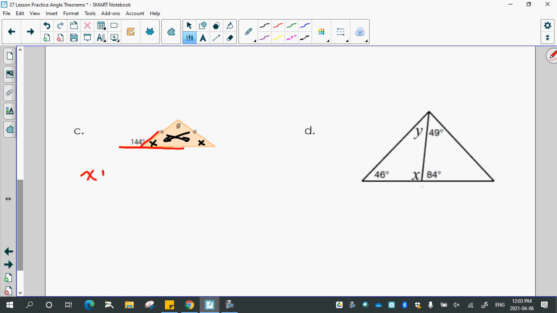So X plus 144 degrees equals 180 degrees. And that's the supplementary angle theorem. Subtract 144 on both sides, and we get X equal to 36 degrees.